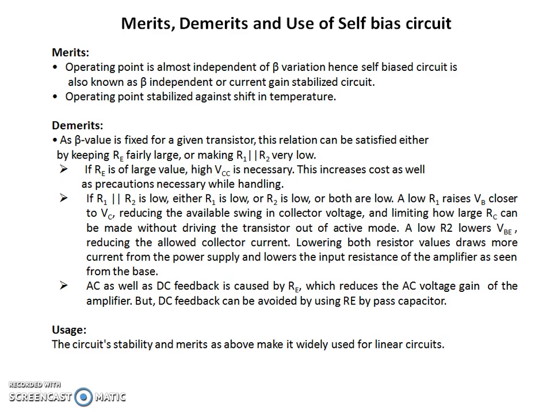There are few demerits of the self bias circuit, as beta value is fixed for a given transistor. One has to keep RE fairly large or make R1 parallel R2 combination very low.